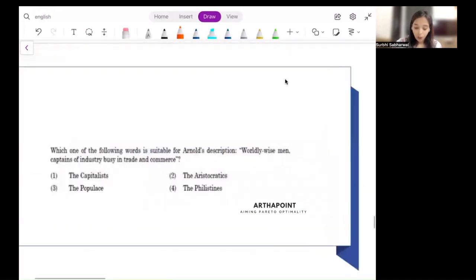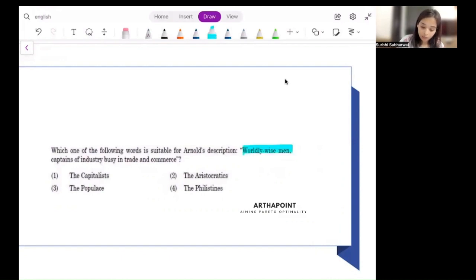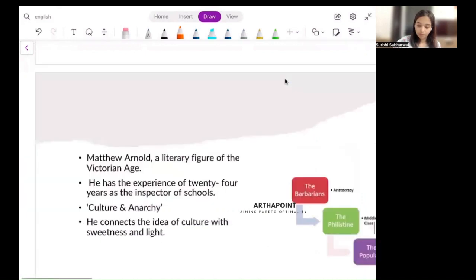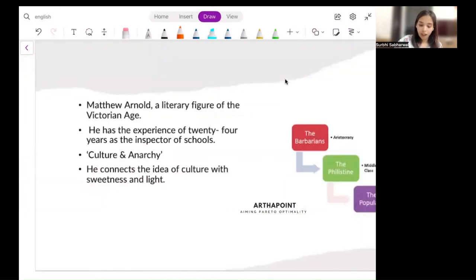Which one of the following words is suitable for Arnold's description? Worldly wise men, captains of industry, busy in trade and commerce. So it is Matthew Arnold, Culture and Anarchy.